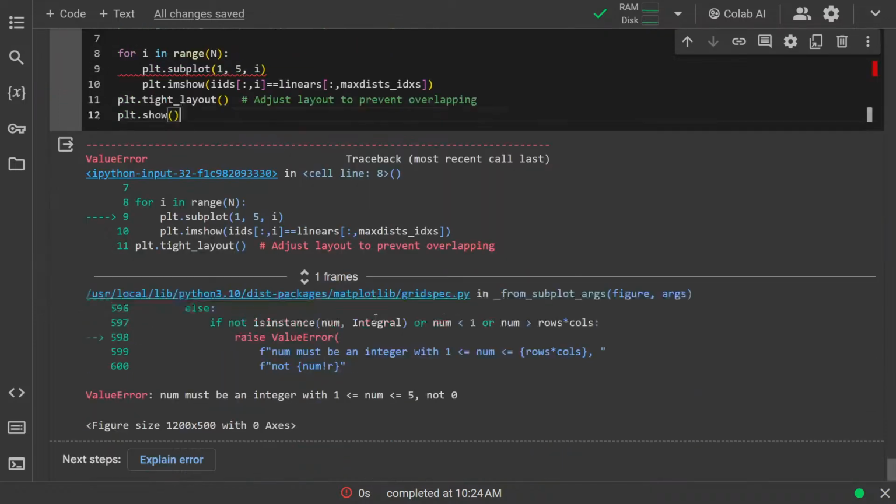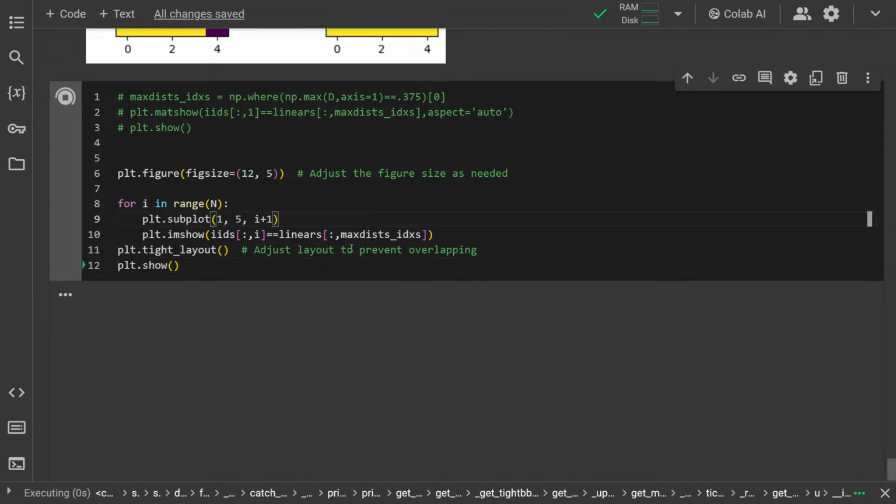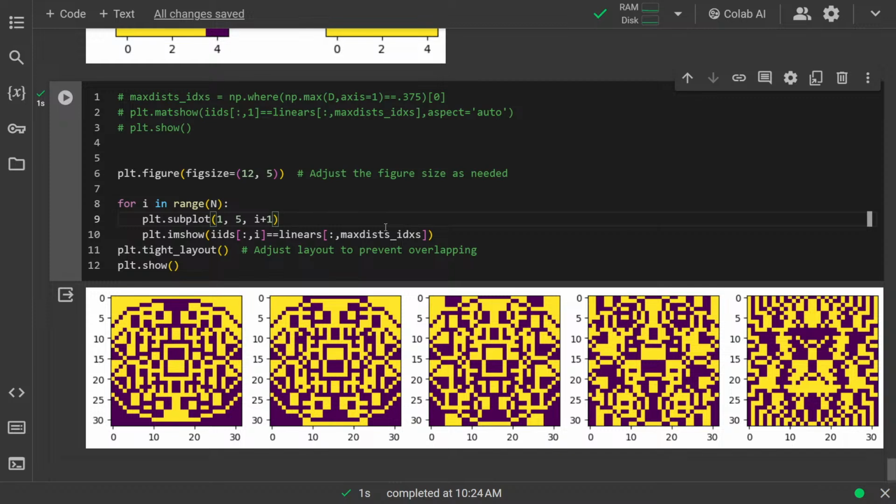Oh man. Okay. That looks cooler than I thought it would. Great.